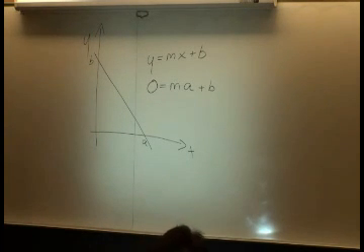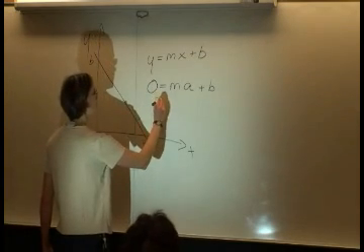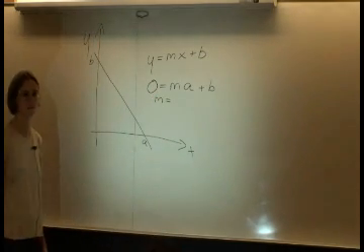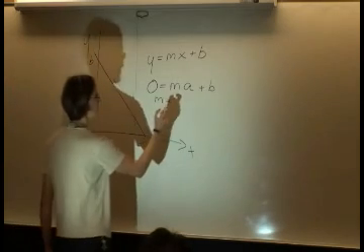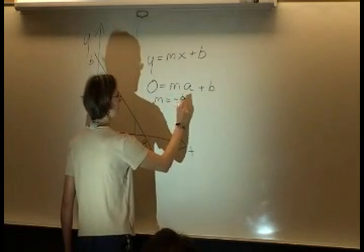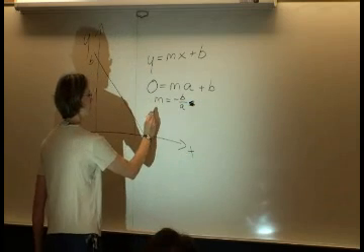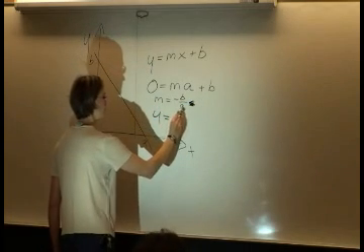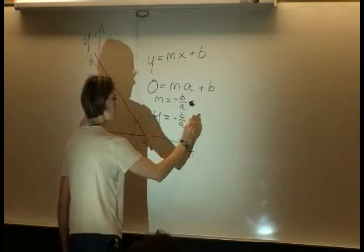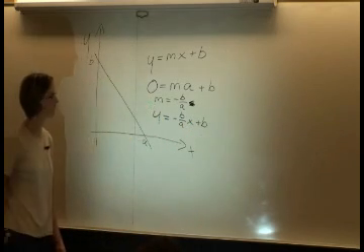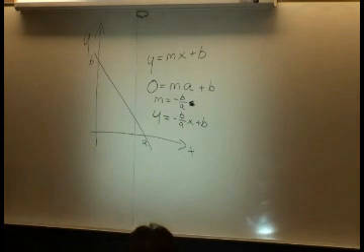So can we now determine what the slope of this line is? So our equation would be y is equal to minus b over a times x plus b, right?